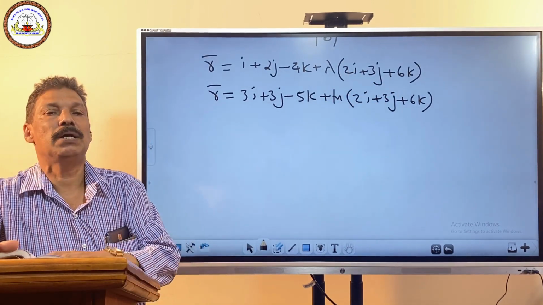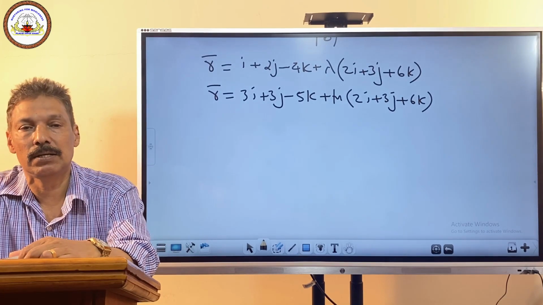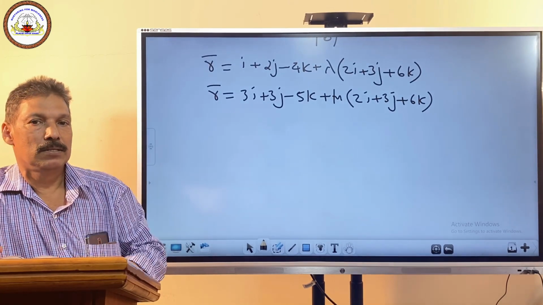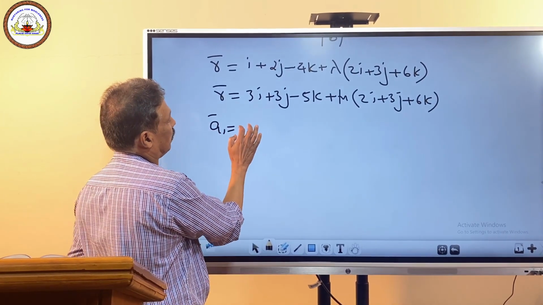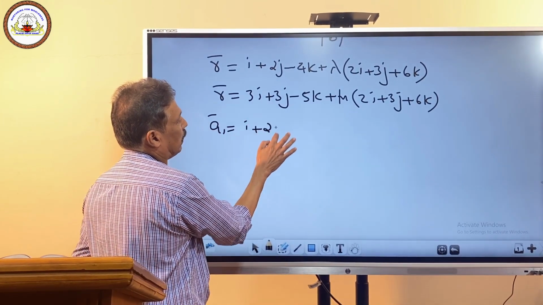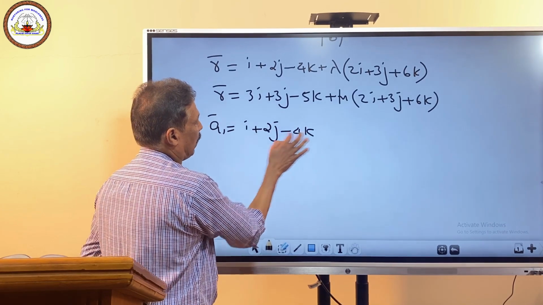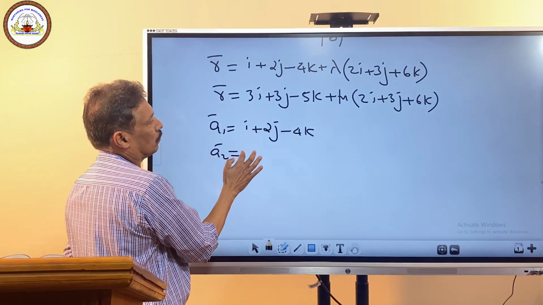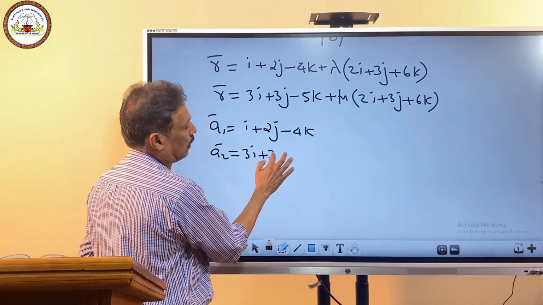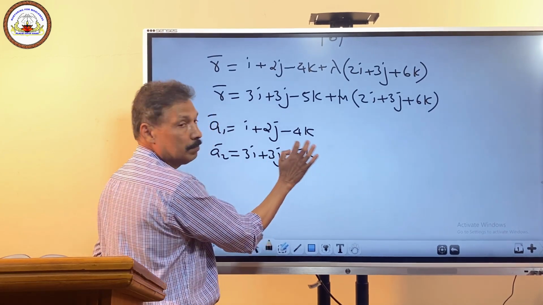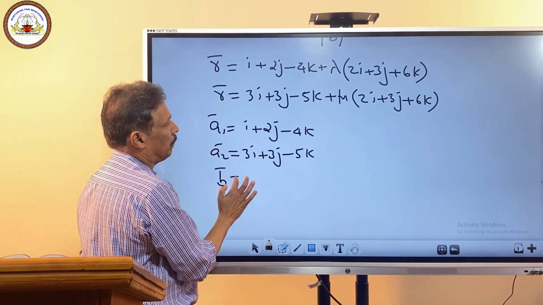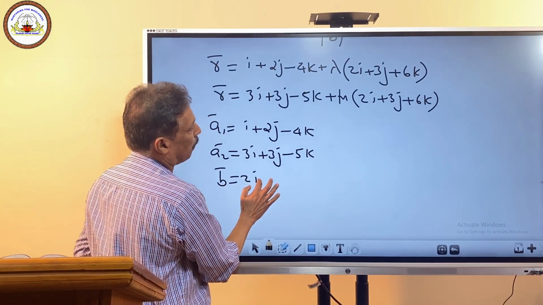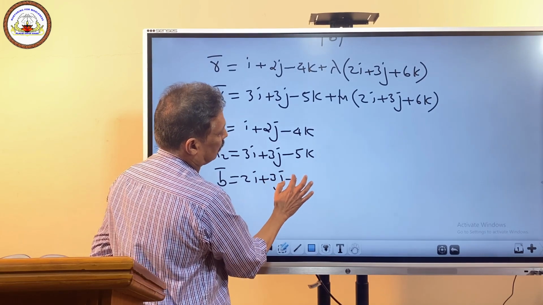They are the same, or proportional. That means the given lines are parallel. So here A1 bar, the point on the first line, is i plus 2j minus 4k, and A2 bar is 3i plus 3j minus 5k. Then B bar is 2i plus 3j plus 6k.